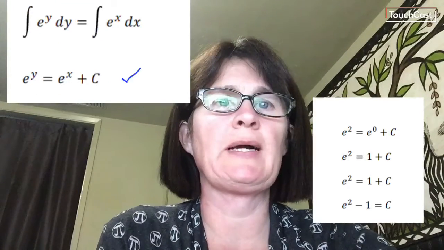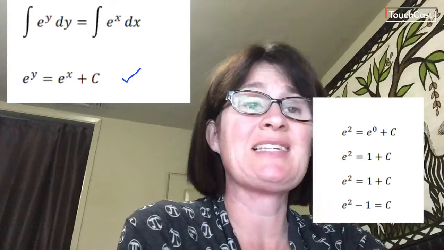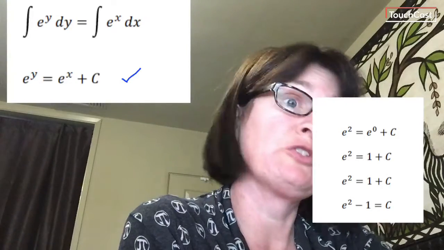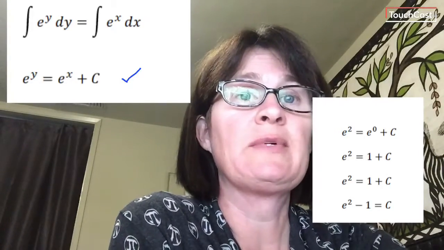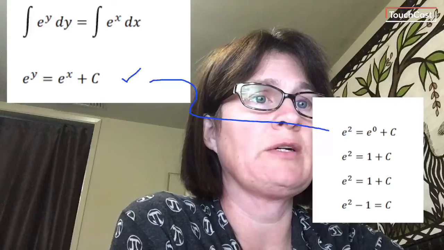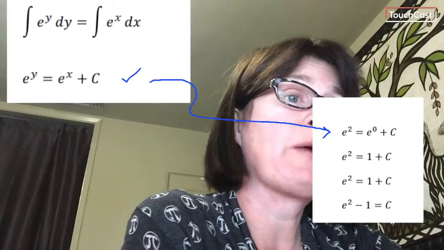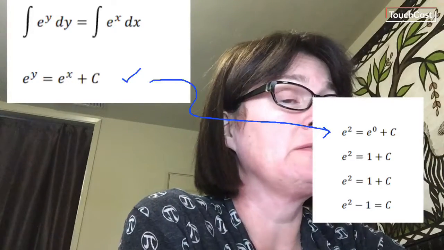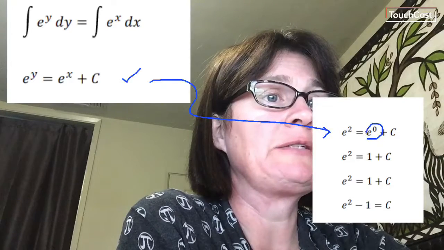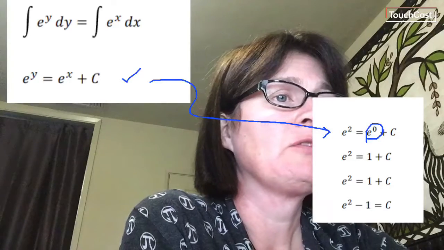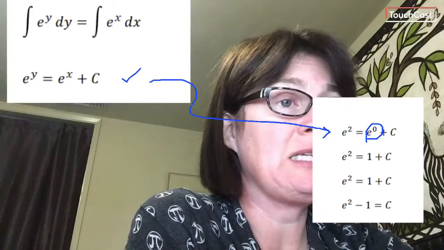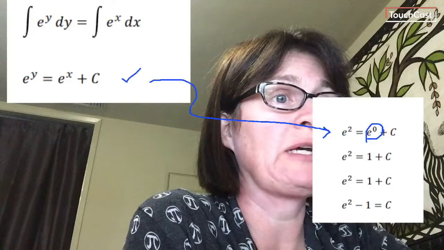All right, so this is where I ended up. I know that y equals 2 when x equals 0. So I'm going to jump from here all the way over here. I'm going to replace y with 2 and x with 0. e to the 0 is 1. So I'm going to isolate c by subtracting 1 from both sides.